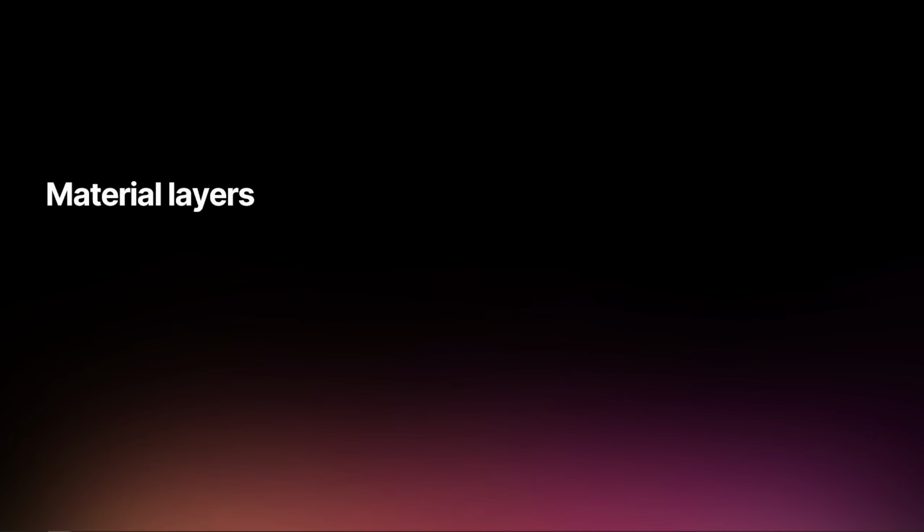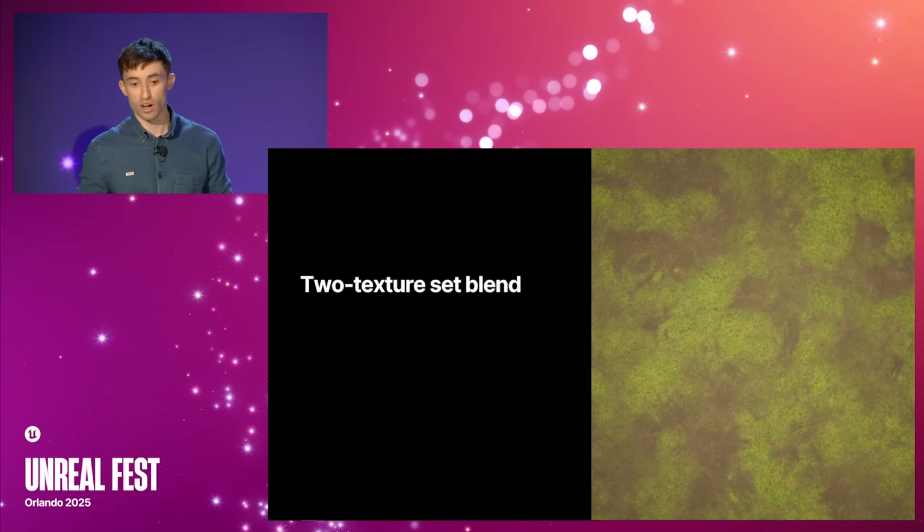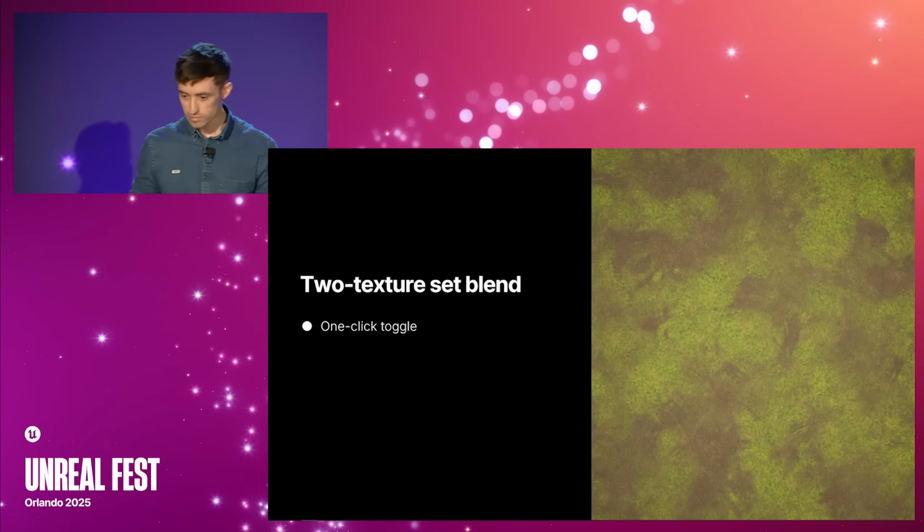All right, so material layers. We find them to be quite cumbersome, actually, to set up. So we decided not to do that for a few reasons. The second reason is it can be less performant, because there's no good way to limit the artist from just adding more and more and more layers. So instead, we decided we're just going to have a two texture set blend solution. If the artist wants a little bit more control, you can simply turn on a second material set.